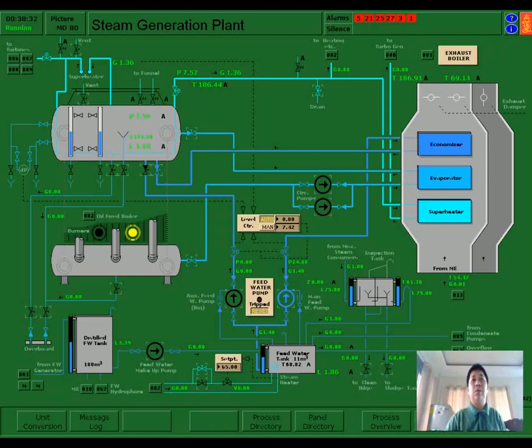So we'll wait more. At least at 6.5, we will close the drain valve of the steam. This is to simulate the steam pressure control.